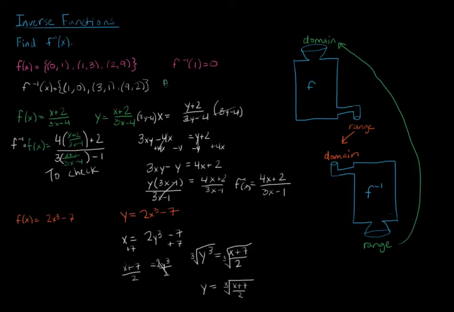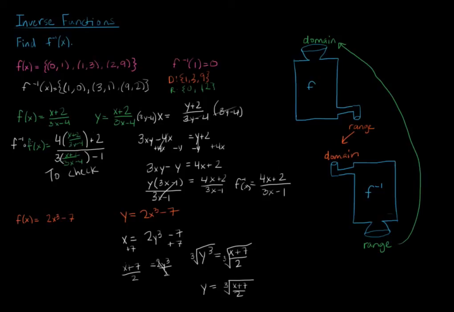The domain of the inverse function is going to be just 1, 3, and 9. And the range of that inverse function is going to be 0, 1, and 2. Okay. So that's fairly simple, and that's the opposite of what it would be for f of x.